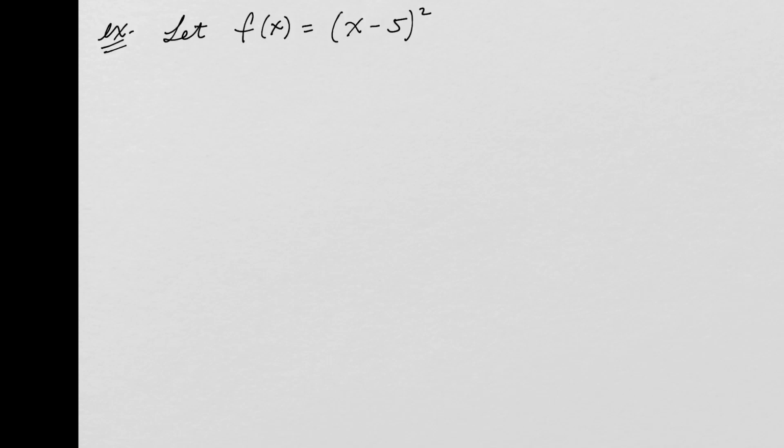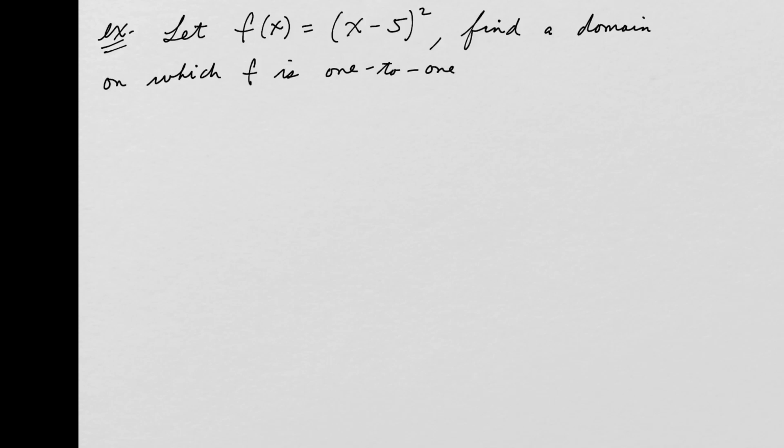And we want to find a domain on which f is 1-to-1, and let's say we also want it non-decreasing. And then once we find that, right, we make it 1-to-1, then we want to find the inverse of f restricted to that domain.